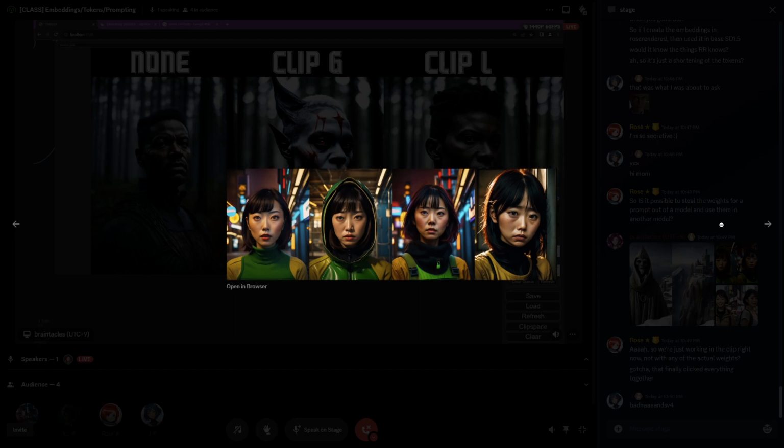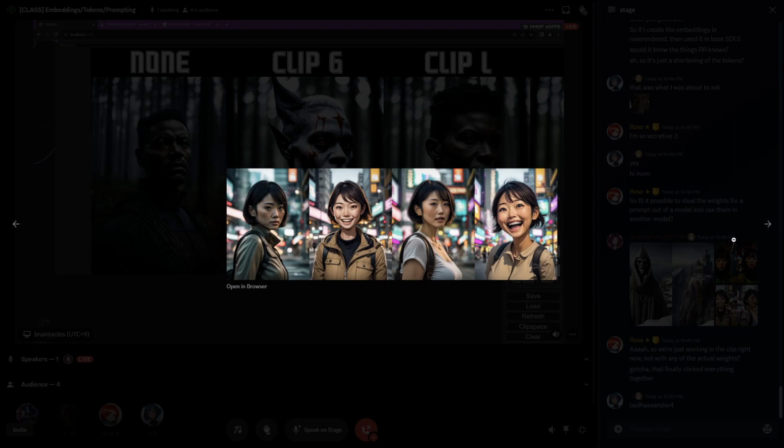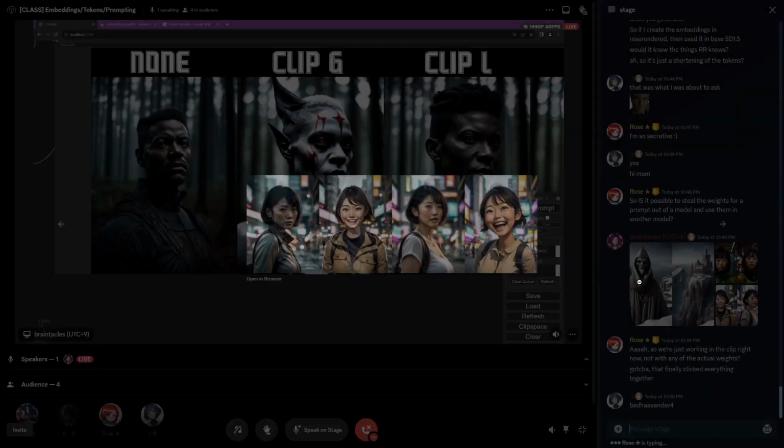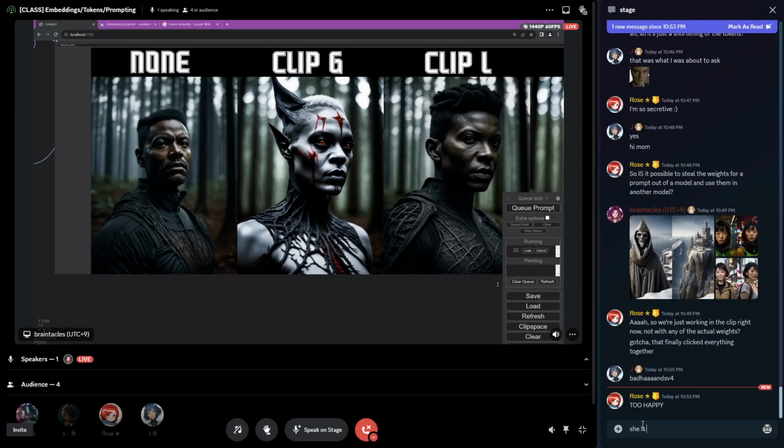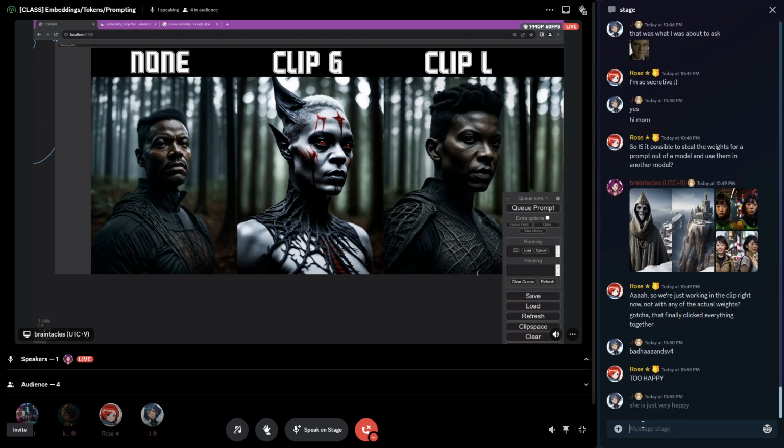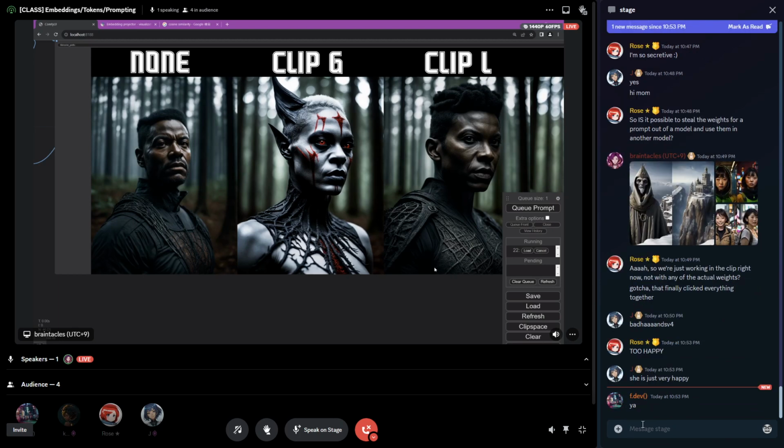But when you have both clips, the last picture, it's very clear that she's not having a good time. It's a bit of the same thing with the happy one. Obviously she looks happy on the second one, but I don't know why she became so cartoony. In the third one, she tried to smile, but it didn't really work. And the last one, she went super happy. So I think having both clips is really neat.